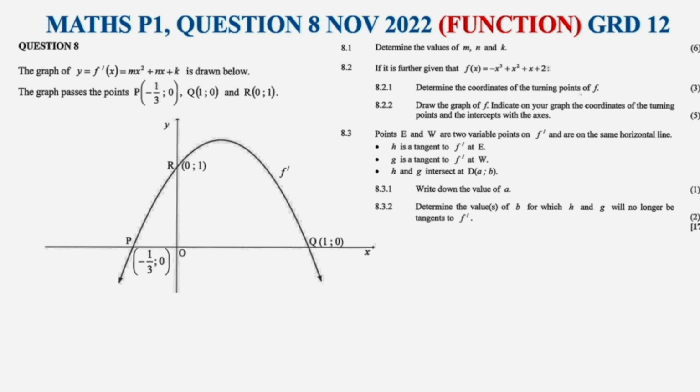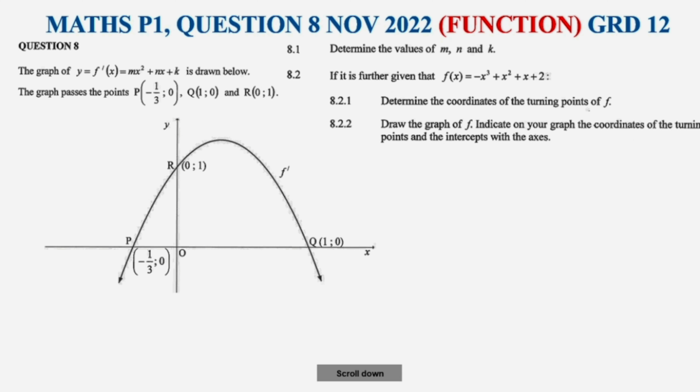So let's go ahead and deal with question 8.1. All right, so here we go. 8.1 says determine the value of m, n, and k. So m, n, and k are the coefficients of the derivative of our function here.